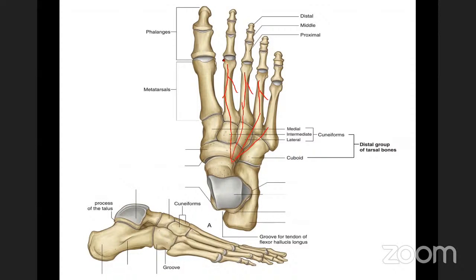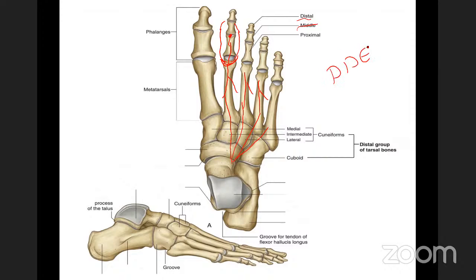Once they are joined, they form a hood here that is known as the dorsal digital expansion, and the tendon splits into three, the middle and two collateral slips. The middle slip attaches to the base of the middle phalanx, whereas the collateral slips attach to the base of the distal or terminal phalanx, and thereby it forms the dorsal digital expansion.